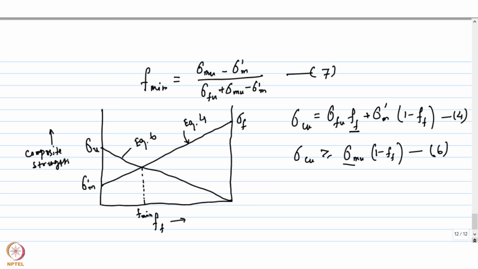Okay. And if you draw a horizontal from this point on this line, then the corresponding volume fraction is the critical volume fraction.